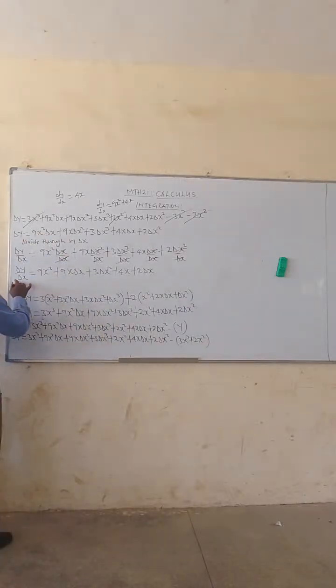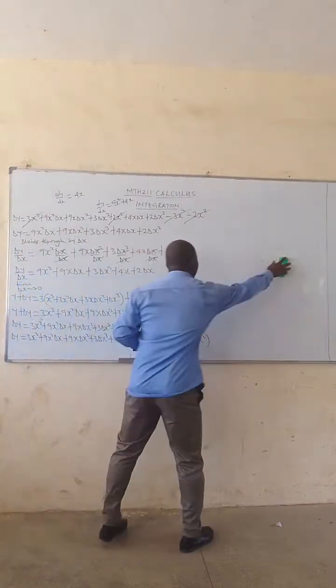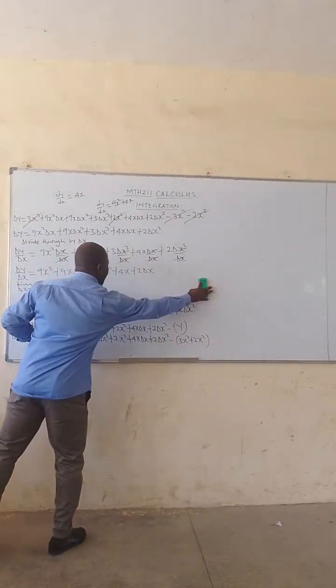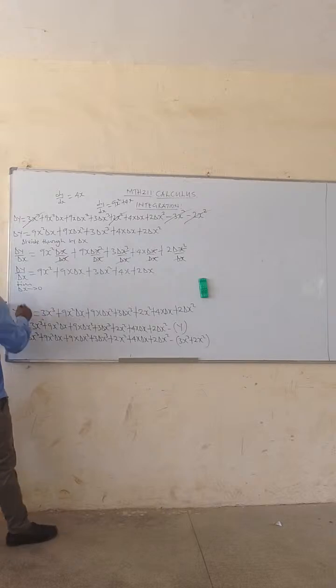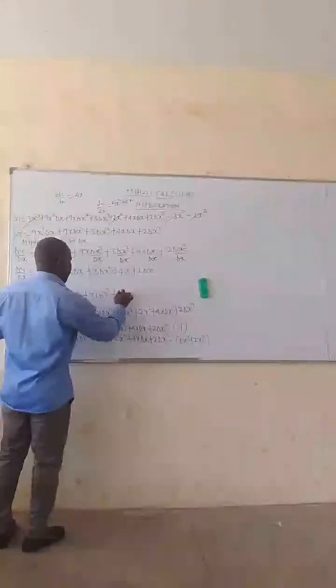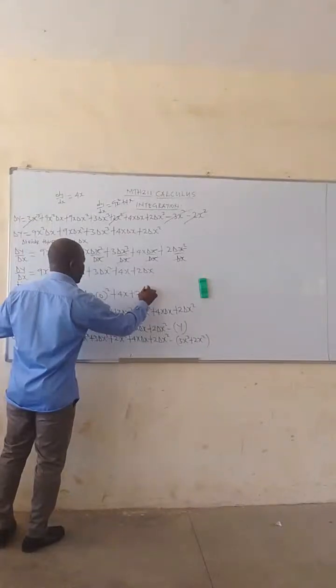At this point, we are going to introduce what happens as dx tends to 0. So what we need here is dy all over dx equals 9x squared plus 9x dx plus 3dx squared plus 4x plus 0.